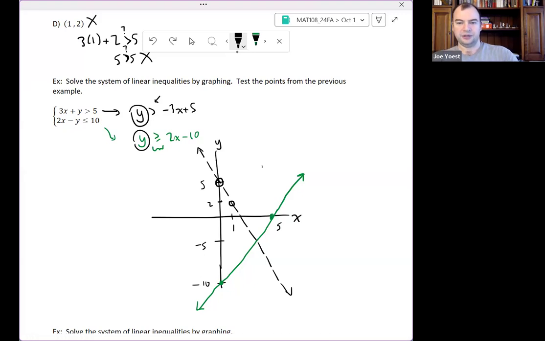So either way that you want to go about it, either picking test points or using geometric intuition, if we solve things in terms of y greater than or less than some function of x, then we know whether we want to be above or below that line. But in this case, I see that I want to be above the green line and above the black line. So I'm going to shade in this region.